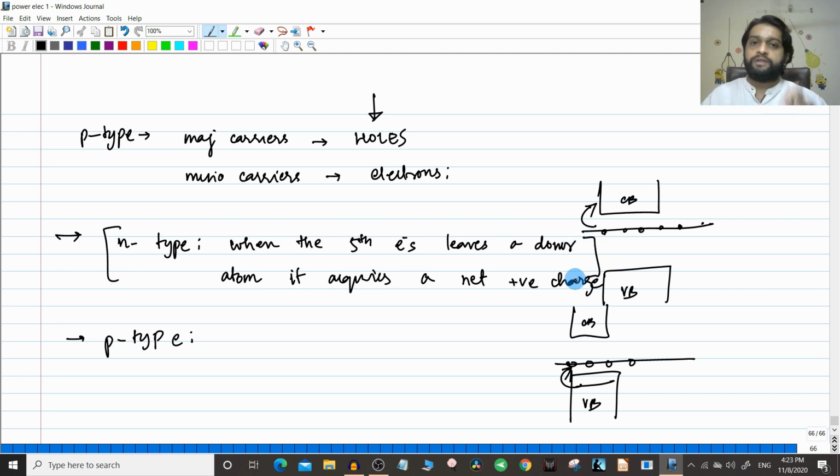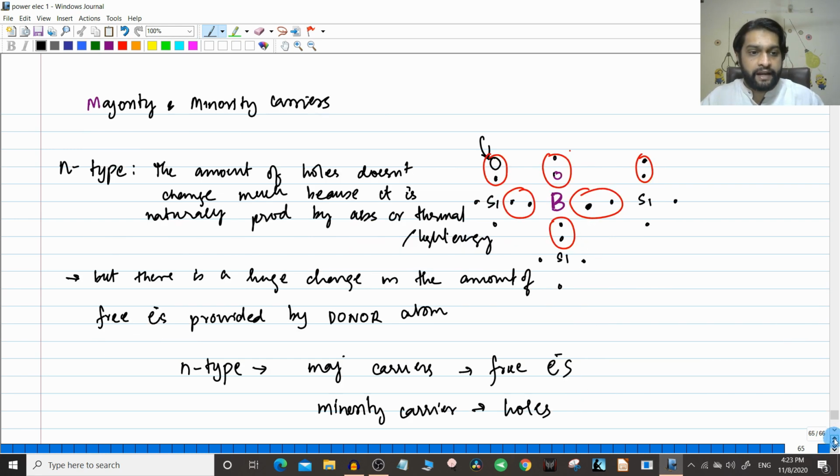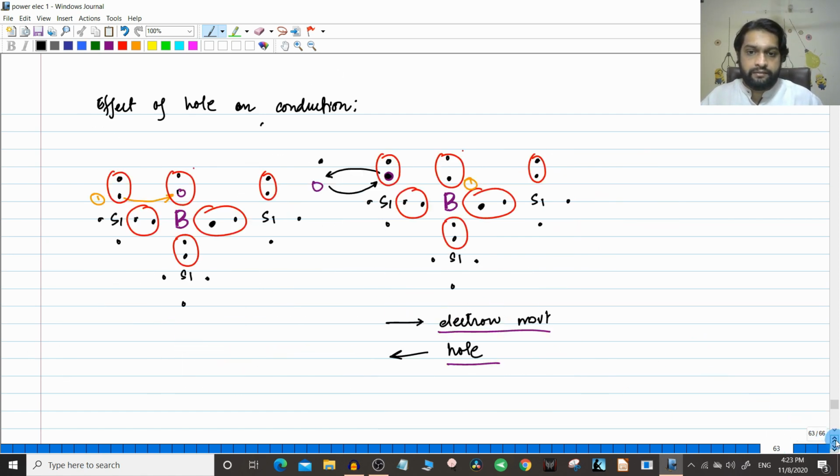just like in n-type material, because of the loss of the electron, the atom got a positive charge. In p-type material, due to the addition of an electron, see how the electron is added. This electron has moved from this atom to this atom.